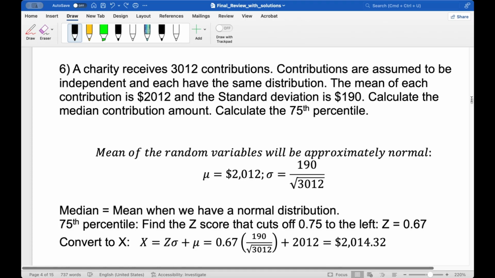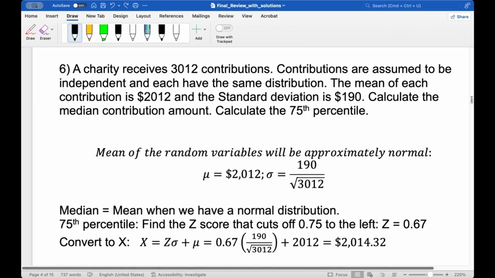Now, this fits the criteria where we have a large enough number of contributions, so we can use the fact that this will be approximately normally distributed with a mean equal to the original mean of 2012 with a standard deviation equal to the original standard deviation 190 divided by the root of n, which is 3012.